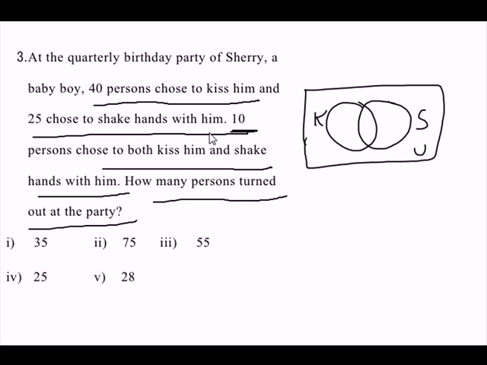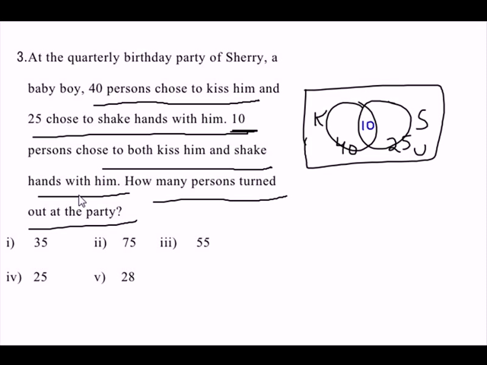So let me just write the numbers 40 and 25, because 40 people we know kissed him and 25 shook hands, and we also have that 10 people chose to both kiss him and shake hands with him. So where does 10 go? Yeah, in the center.